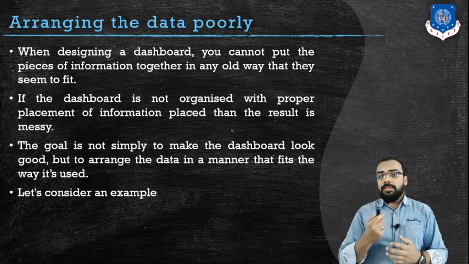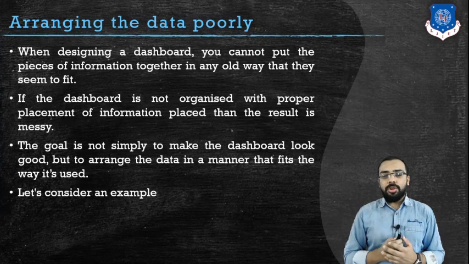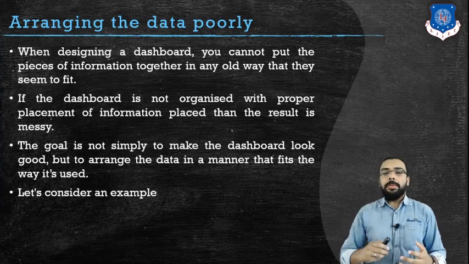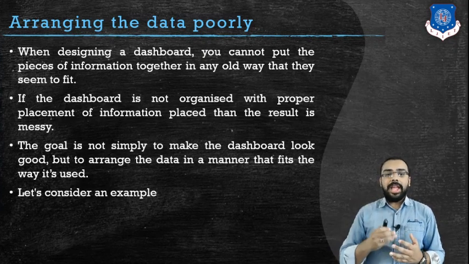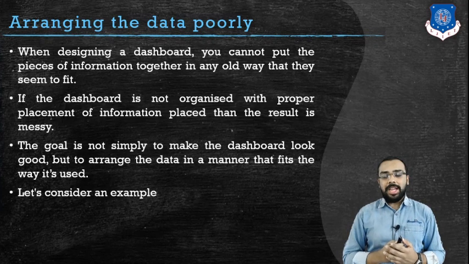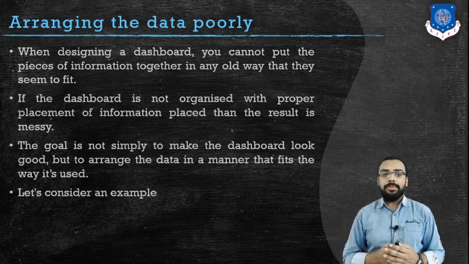So what will be our goal? Our goal is not only to make the dashboard look simple or good, but to represent the data accordingly so that it fits the dashboard and our data is fitted accurately. Let us consider an example of poorly arranged data.